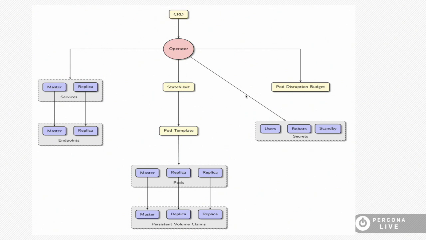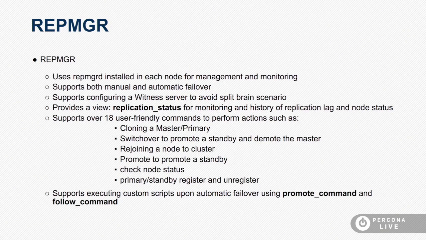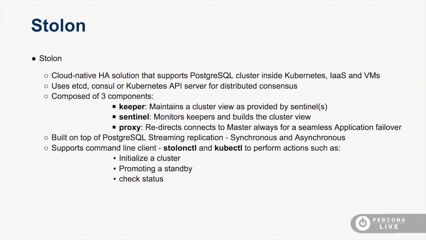This is the custom resource definition of that operator, like how it sets up the services, stateful sets, and the pods, right? So you could use persistent volumes, and it's pretty simple to go ahead and use the Zalando Postgres operator today, because there is another method with which you could set up HA on Kubernetes using Stolon, right?